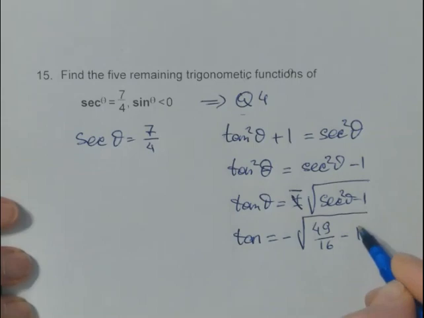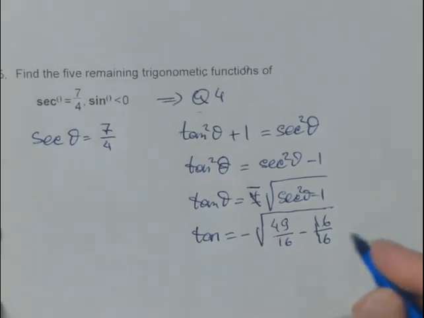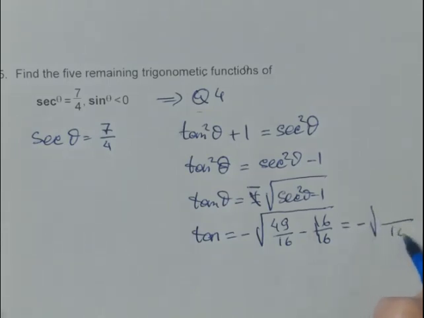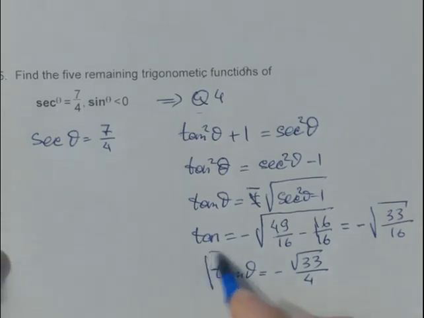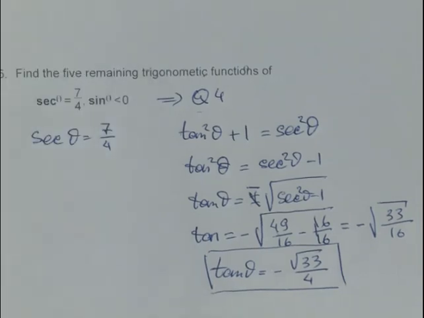Let us represent 1 as 16 over 16 to get the same denominator. So we have negative square root of 16 in the denominator, and in the numerator 49 minus 16 is 33. So tangent theta equals negative square root of 33 over 4. I will only ask you for one tangent value, not all the rest. That's why we will stop here.